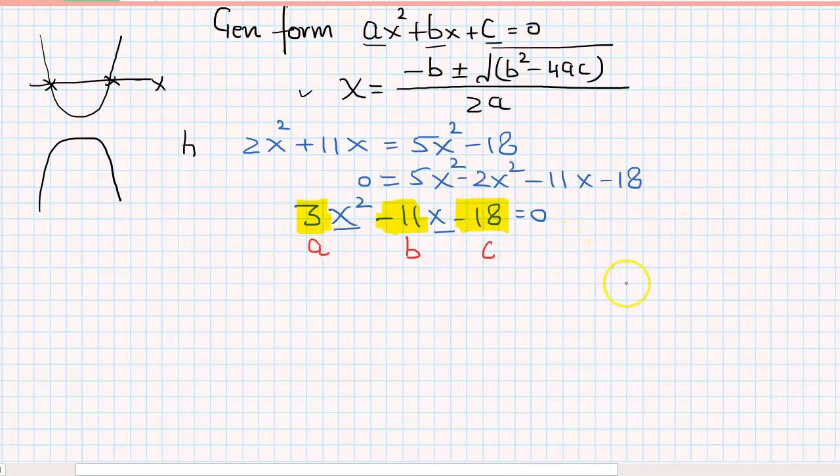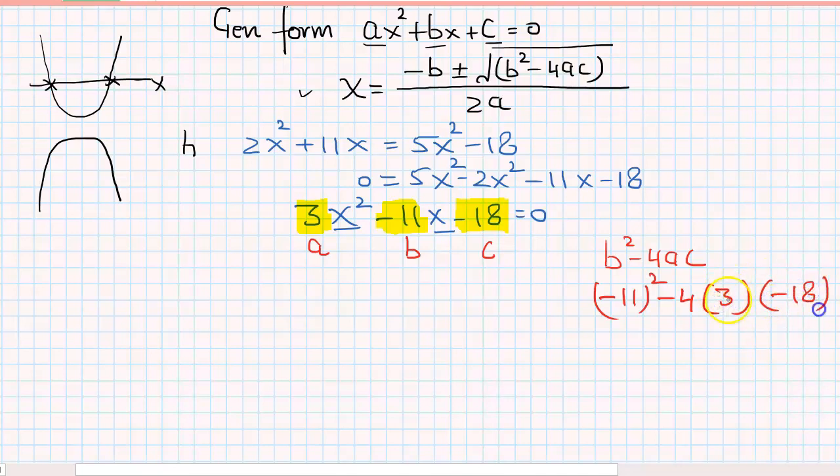My advice to you is first you find what is b square minus 4ac. It makes the question a bit easy. So b square, so this is minus 11 square minus 4. A is 3 and c is minus 18.